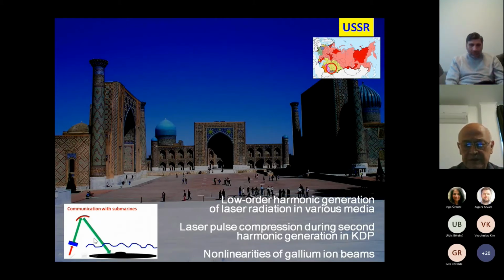Probably you know that seawater does not allow propagation of electromagnetic waves in most of the spectral range, but green color propagates more or less well for communication with submarines. So our main aim was to increase conversion efficiency and make communication with those submarines.